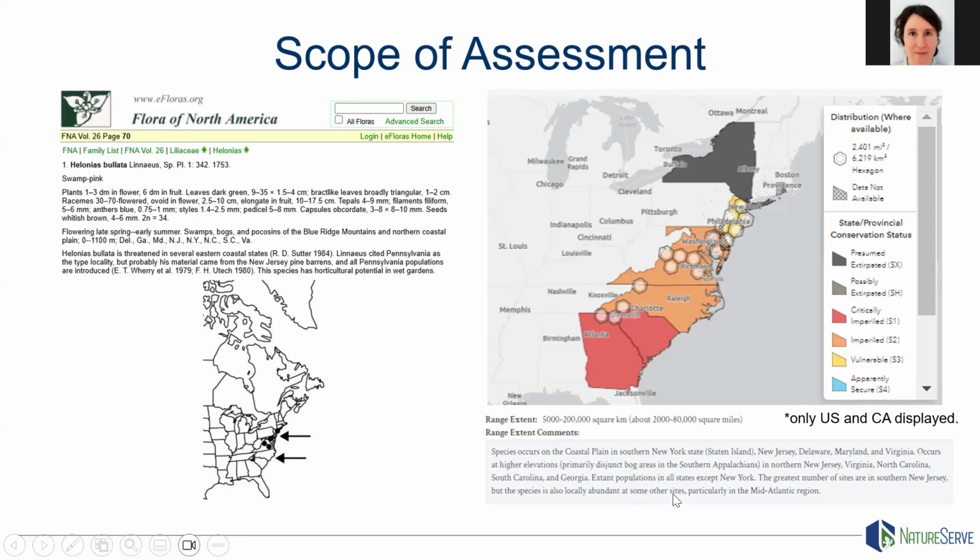NatureServe Explorer also provides a text documentation of the global range and the range extent comments, and a map of the species distribution in the United States and Canada with subnational ranks reflected. While only the US and Canada are shown on the map, NatureServe's global assessment considers the species' entire geographic range.